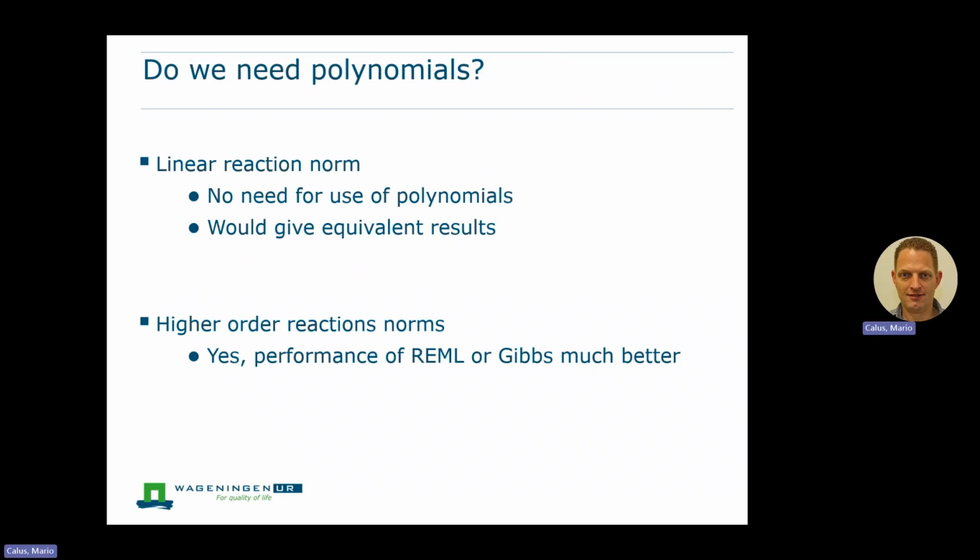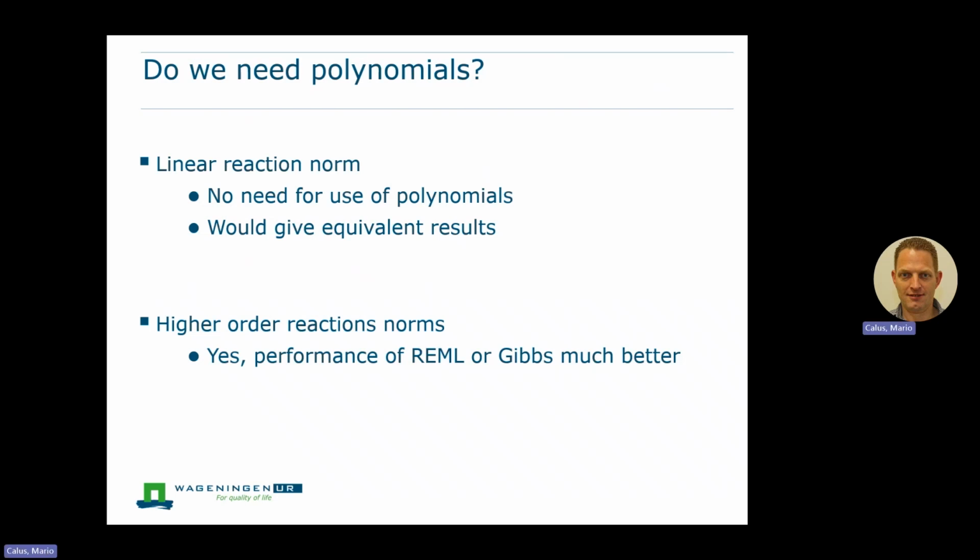So if we do a linear reaction norm, there's no need to use these polynomials because there's no variation in the covariates for the intercept, so there's not really a relationship between the covariate for the intercept and the slope. You can do it, but it doesn't really make a difference.